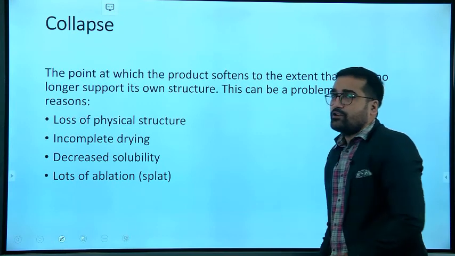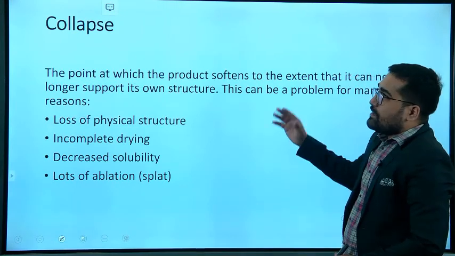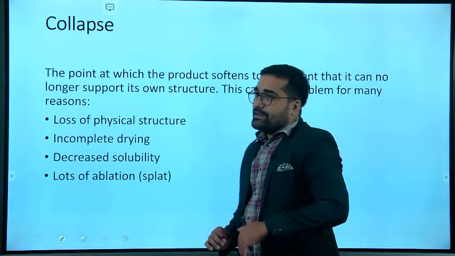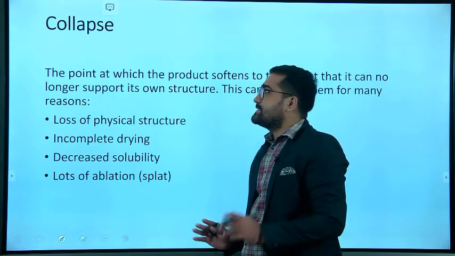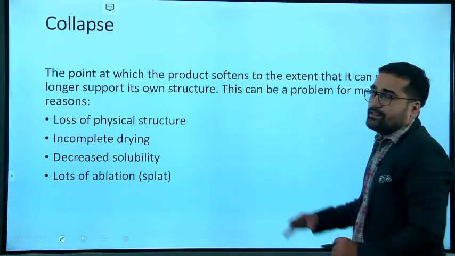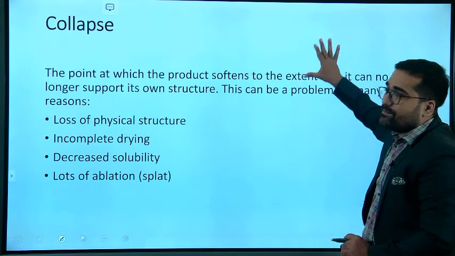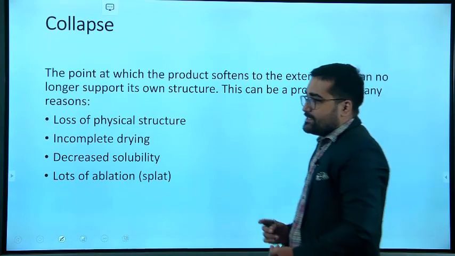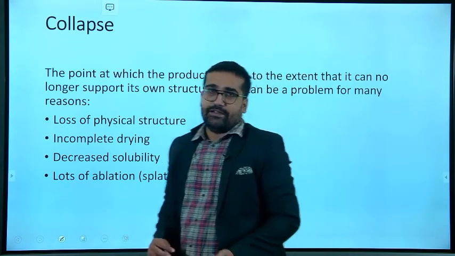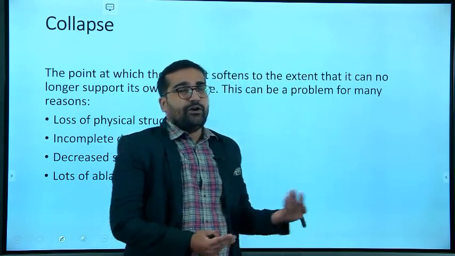So next one is collapse. Collapse means when our material either melts or deforms its structure, and it is a complete failure of the drying process, because our aim in freeze drying is to retain the structure of the product and only remove the water from it.